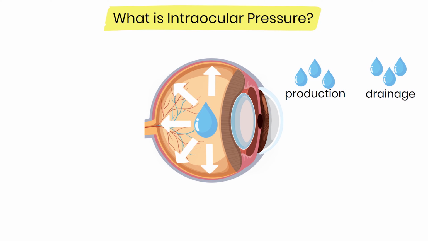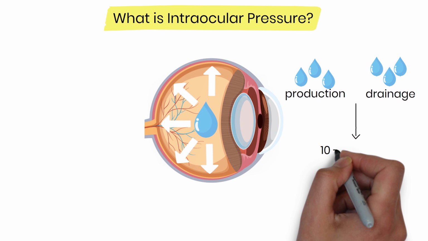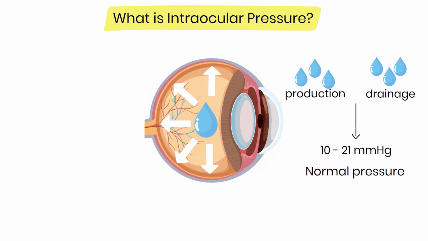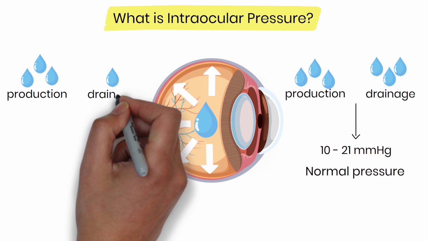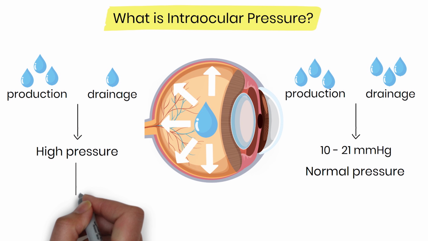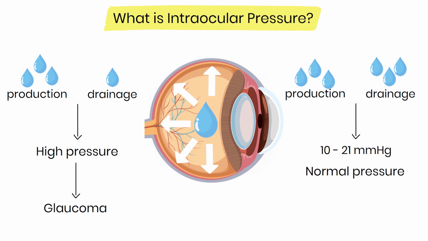In most people, normal intraocular pressure falls between 10 and 21 millimeters of mercury. This is the unit doctors use to measure eye pressure. When the pressure becomes too high, it can damage the delicate optic nerve tissue and lead to glaucoma. However, interestingly, some people can develop glaucoma even with normal eye pressure, a condition called normal tension glaucoma.